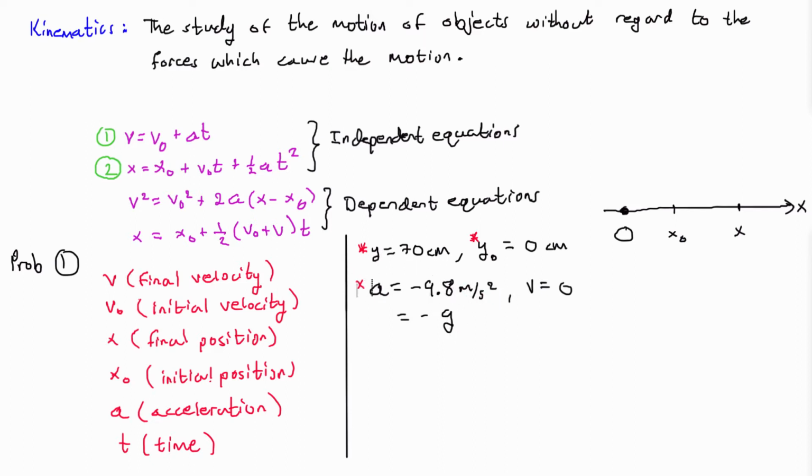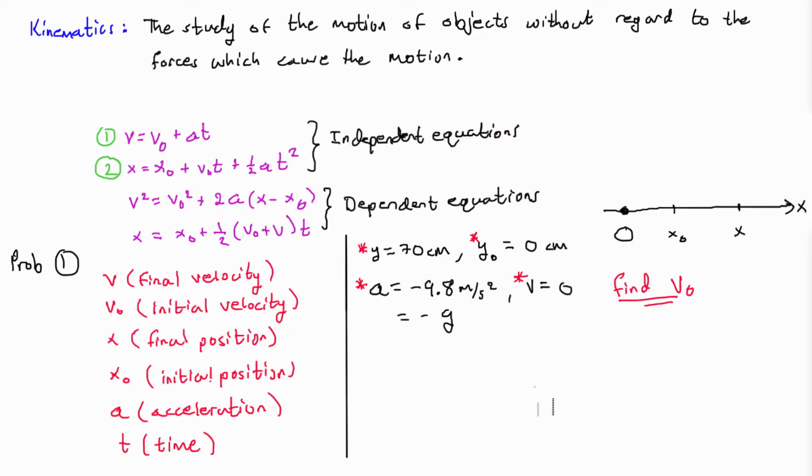Fourth piece of information is its final velocity is going to be 0, right? All right. And we're looking to find V0. We got to keep that in mind.